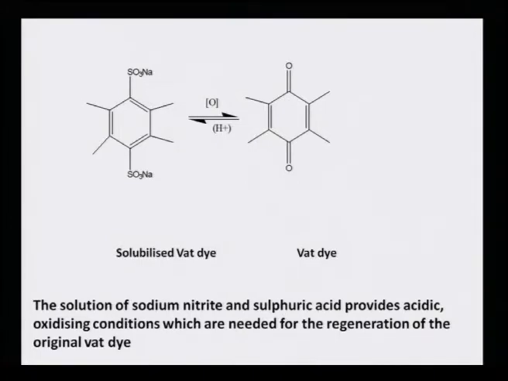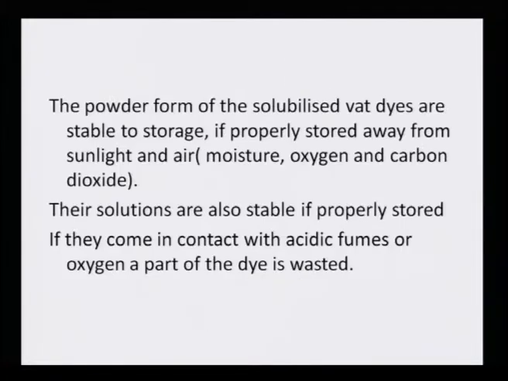So, sometimes if the procedure has to be enhanced or hastened or has to be carried out in a faster manner, it is possible to do that with the help of addition of sodium nitrite and sulfuric acid, which are nothing but oxidizing agents, and they facilitate this oxidation if the air oxygen is not sufficient.